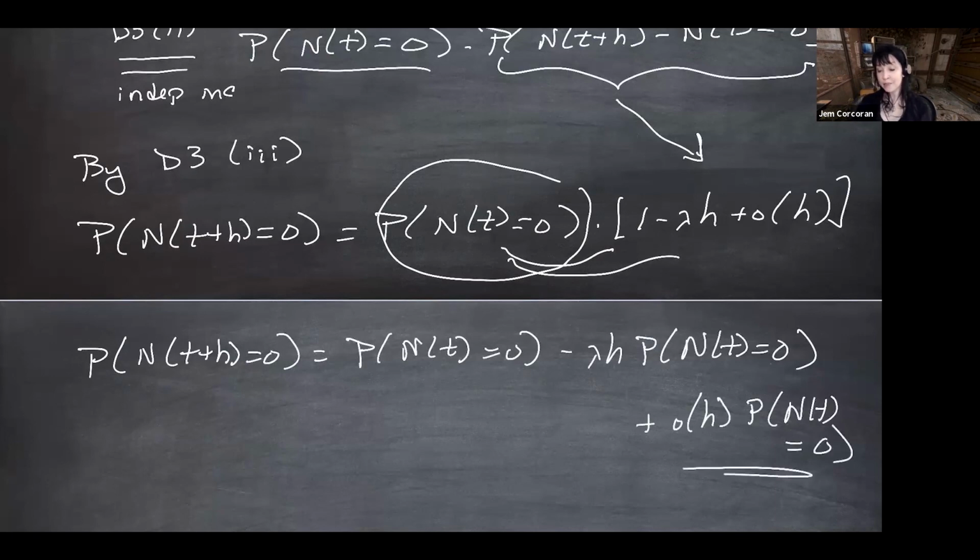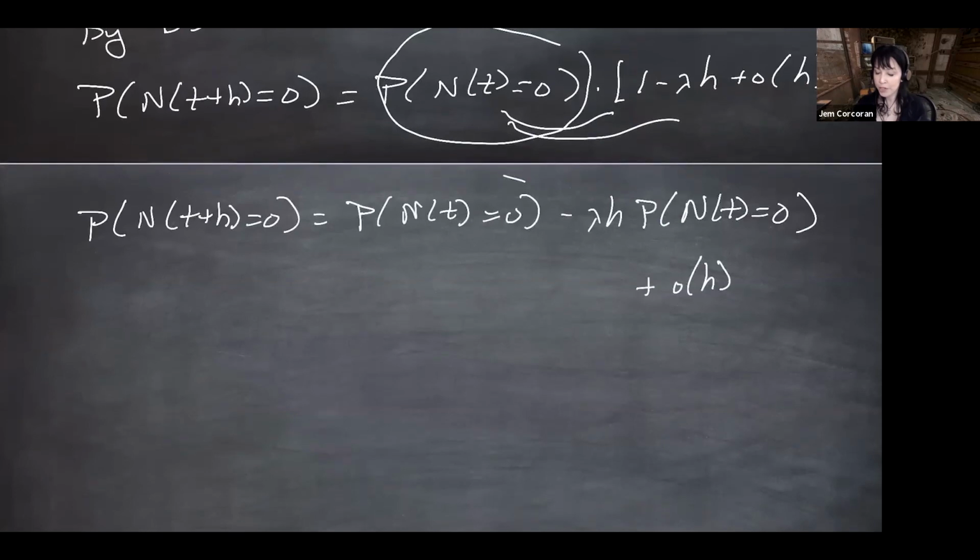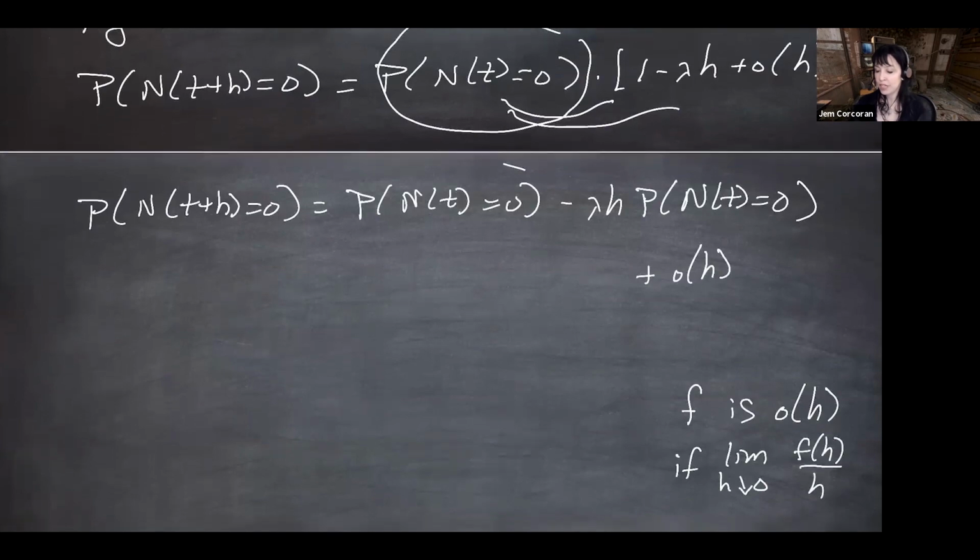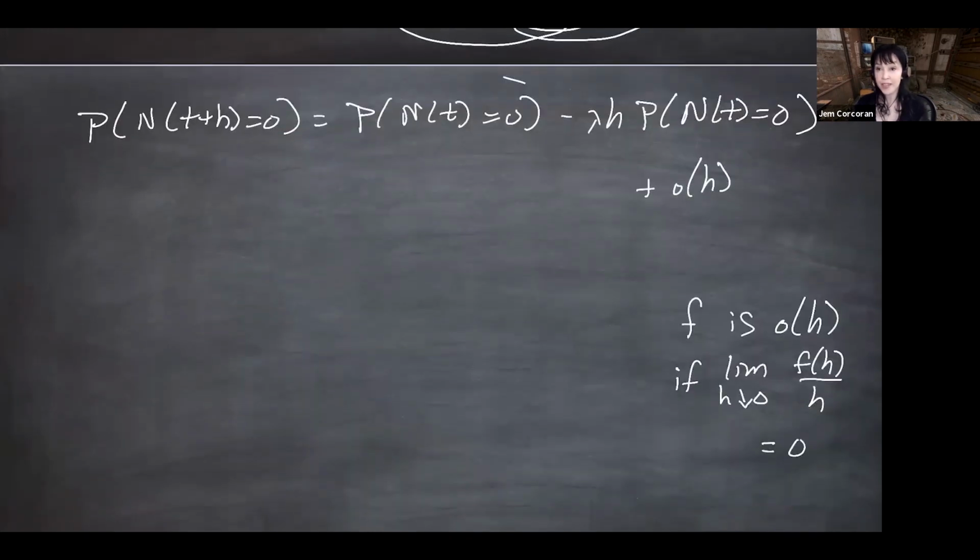Because there's no h in this, it is a constant times a little o of h function. And we talked last time about how that's still just little o of h. You multiply a little o of h function by a constant, it's still little o of h. And let me remind you that f is little o of h if the limit as h goes down to 0 of f of h over h is 0.